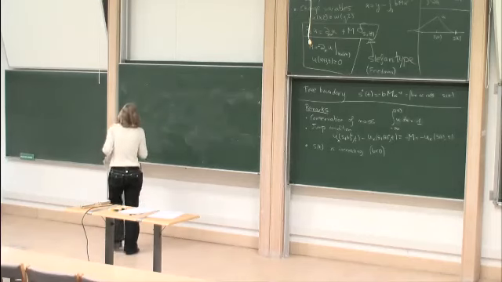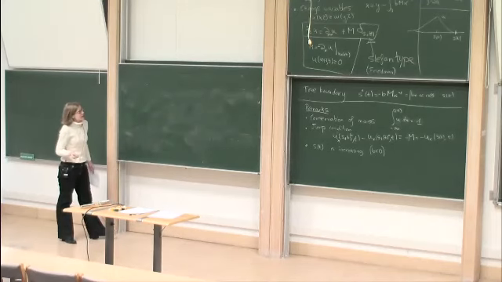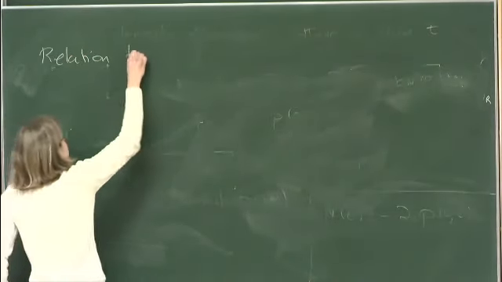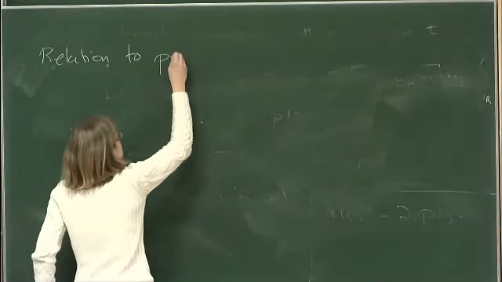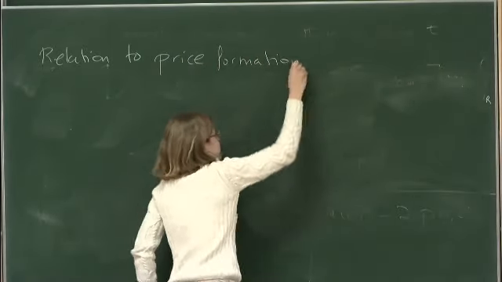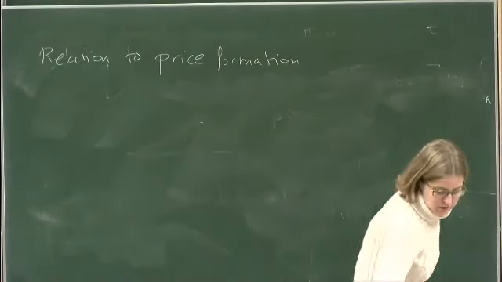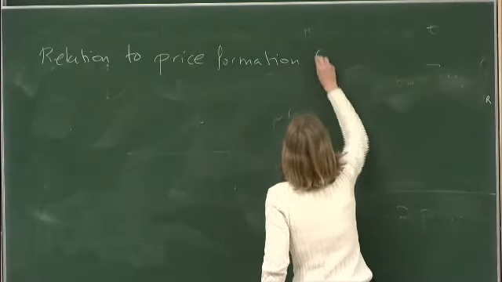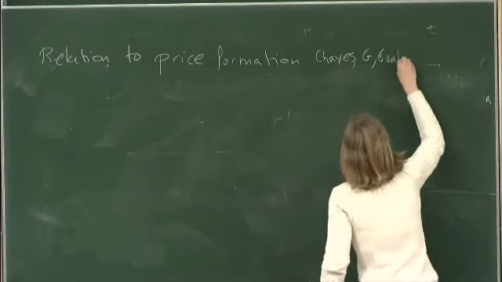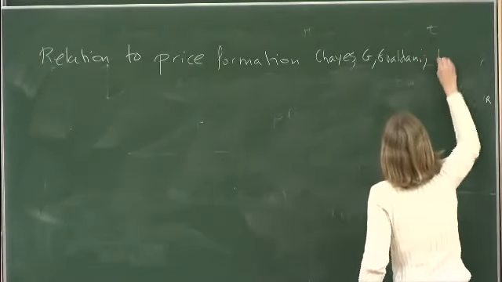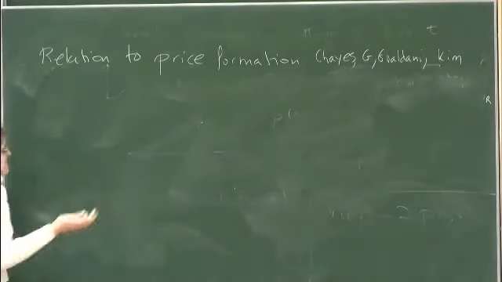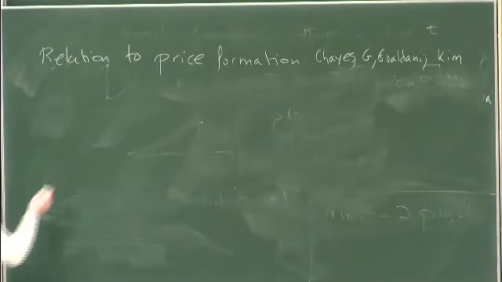No, before that, let me give you a relation to another equation that I was interested in before. This was a joint work with Lincoln Chase, myself, Maria Gualdani, and Inwon Kim.